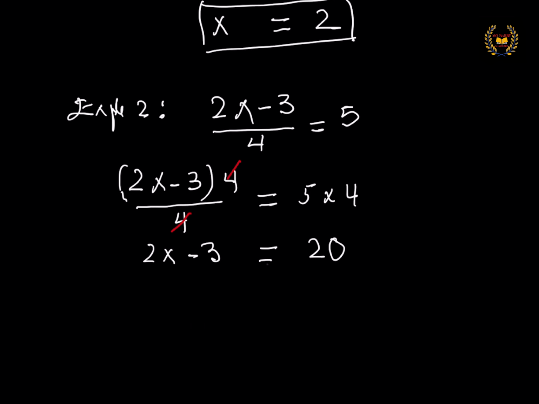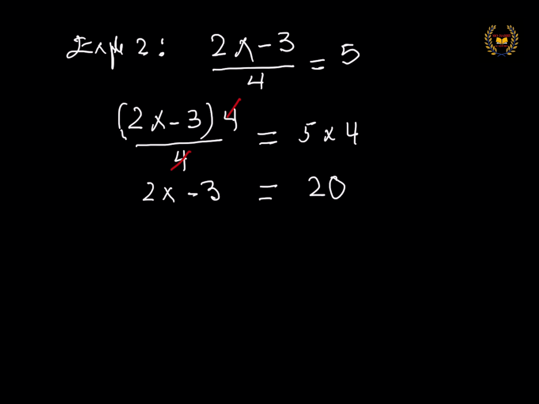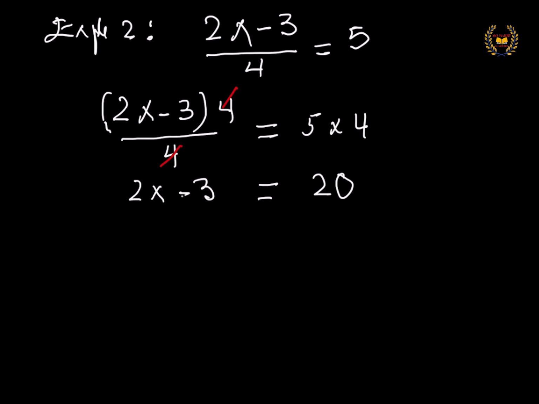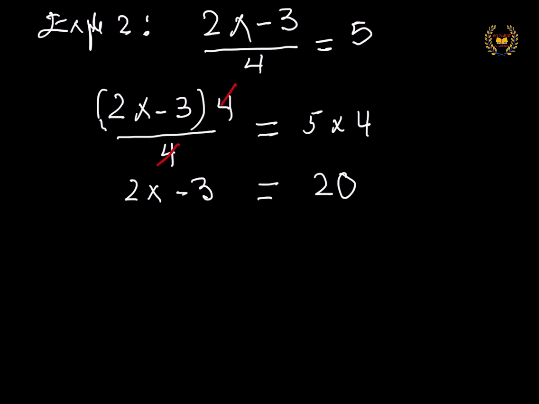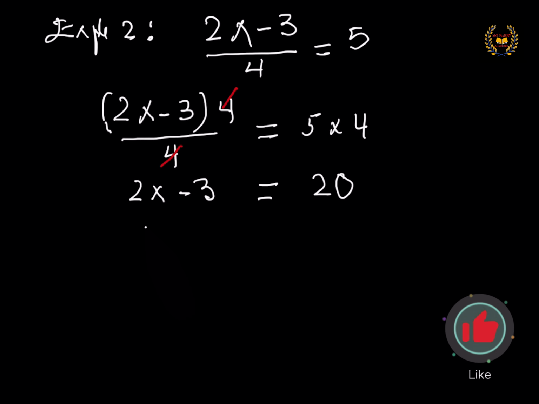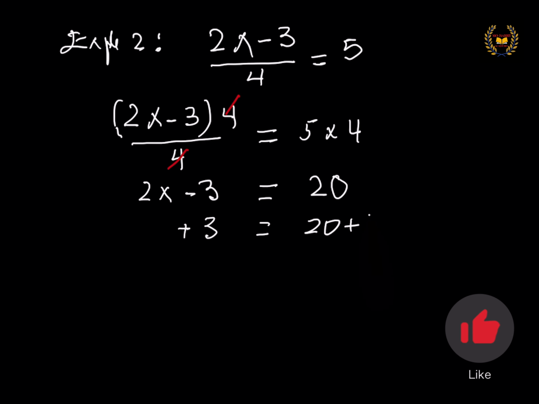So this one here now resembles our first example. So what we're going to do is add 3 to both sides. It will remain here. We will add 3 here, and we will add 3 in the second term.